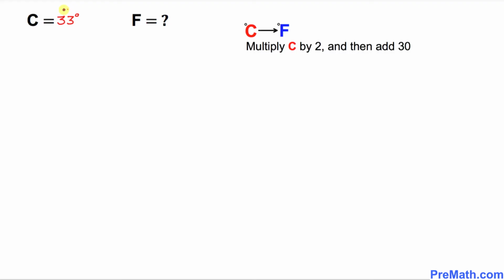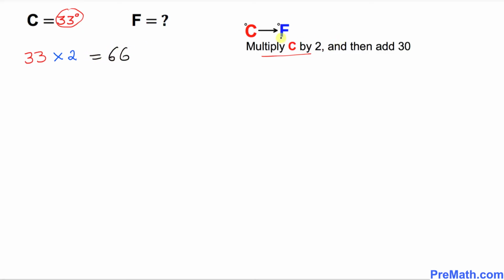First, we have C equals 33 degrees. You just put down 33 and then it says multiply C by 2. I'm going to multiply by 2. Once you multiply by 2, you're going to get 66.